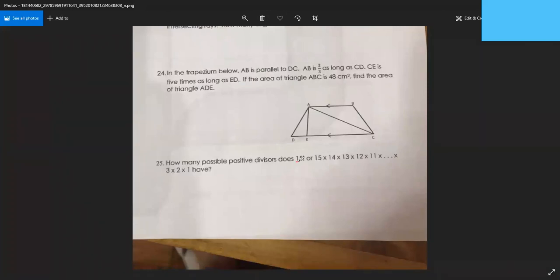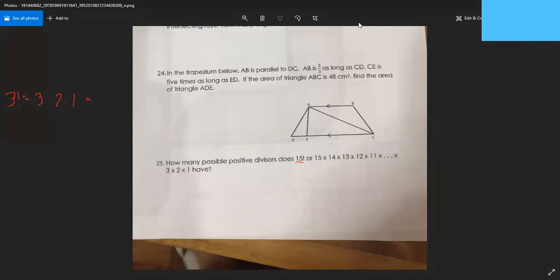15 factorial. I'm going to discuss factorial later, because there is a solution that uses factorial, so it's better that you know the meaning of factorial. Simple example: when we say 3 factorial, this is 3 times 2 times 1. Teacher, I know what factorial means.